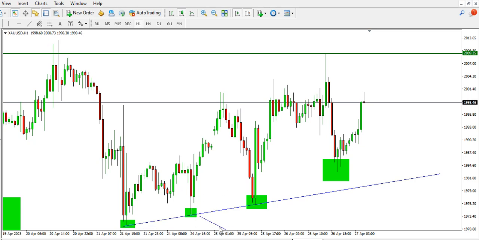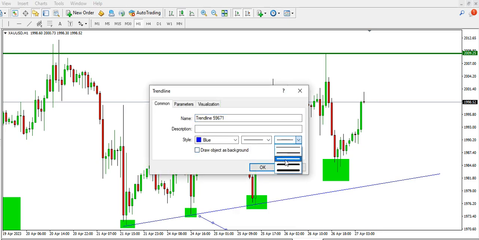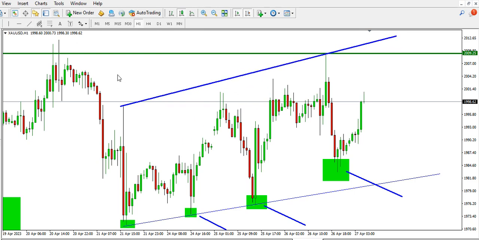Buyers stepped in around here to push price up. The buyers also stepped in here, and the fresh, most recent step in of the buyers is around here. So this shows that this particular channel is still in play.